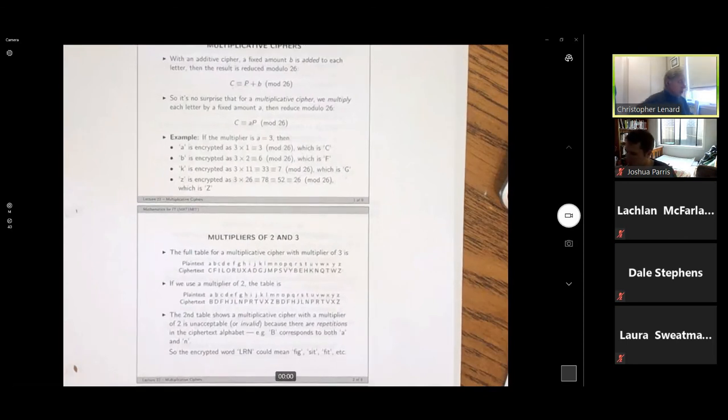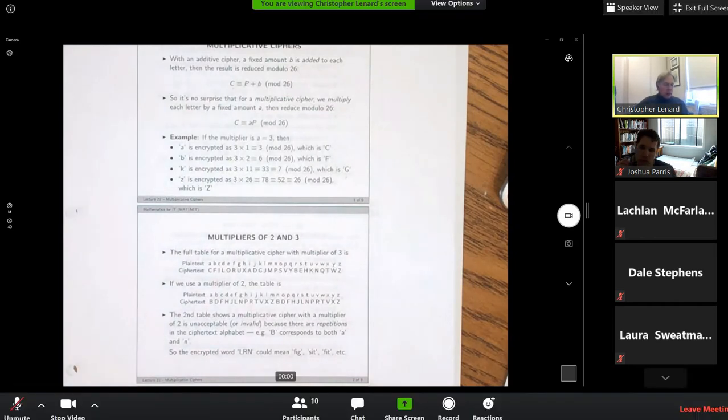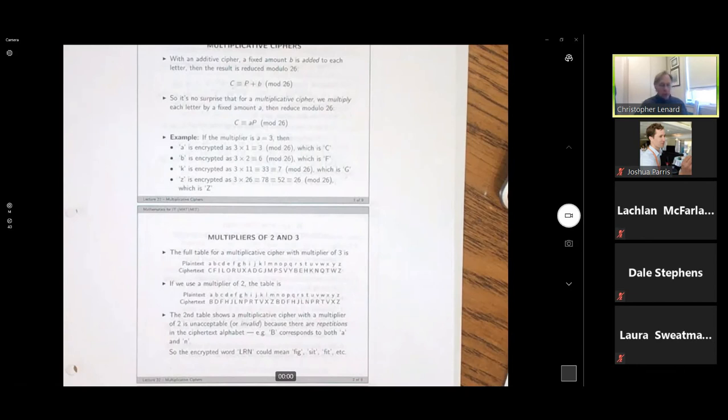Now, what's really interesting about this is that, a little bit like additive ciphers, not every multiplier works. So with the additive ones, you can add 1 or 2 or 3 or 4 up to 25.